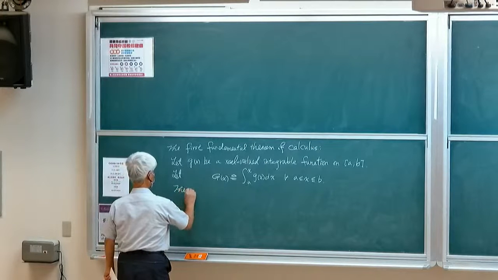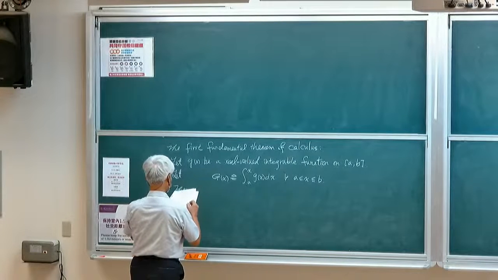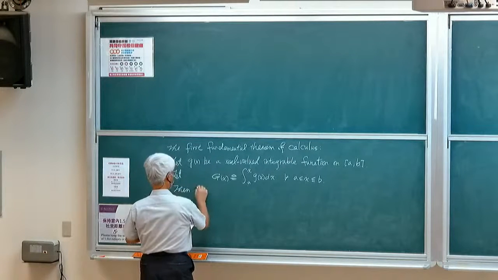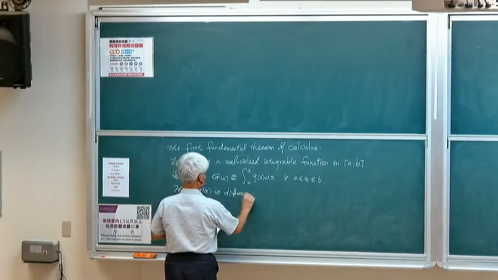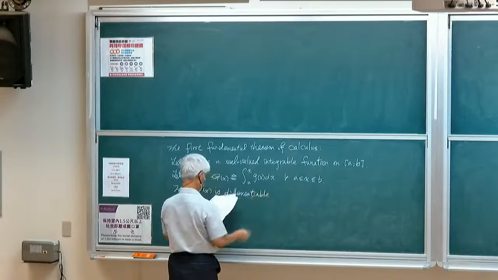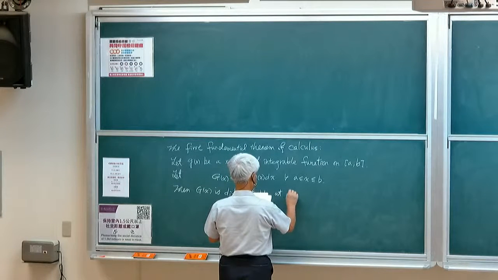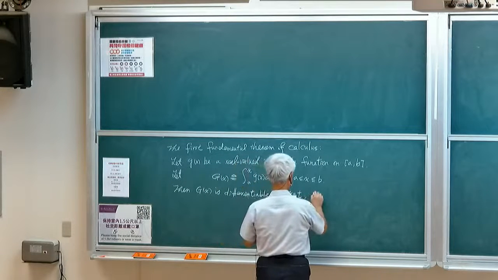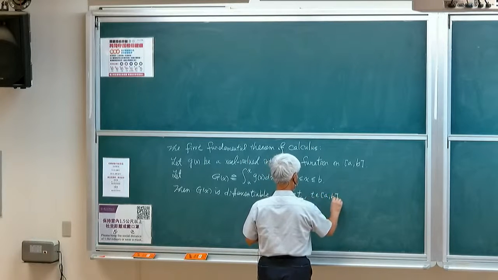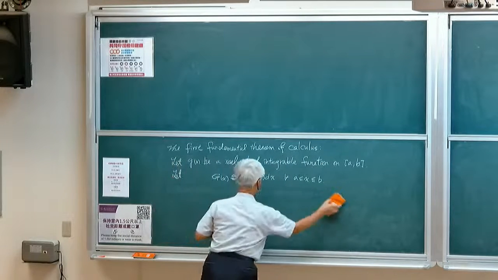Then g of x is differentiable at x equal to t for some t in AB. Then maybe I stated it the other way.